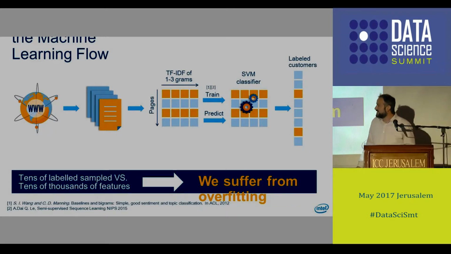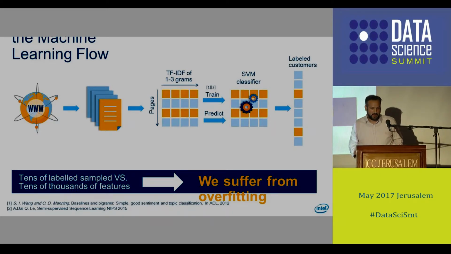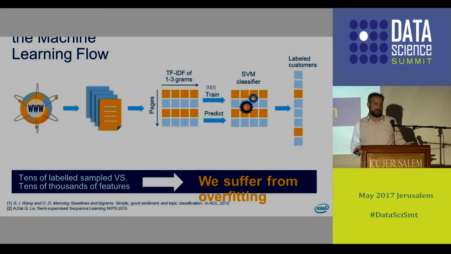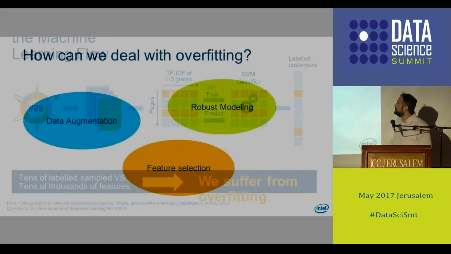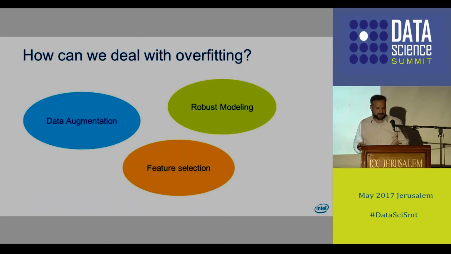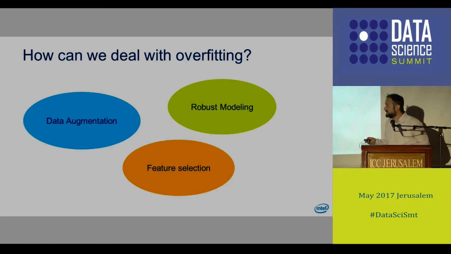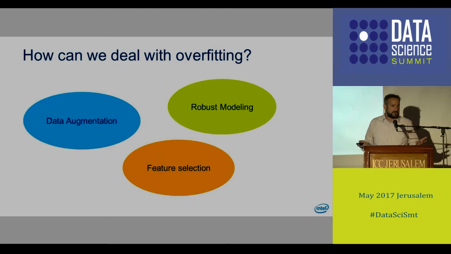So I talked about tens of labels, and I talked about 50,000, 70,000 features. Of course, we're suffering from overfitting. So the question is, how do we deal with this overfitting? Can we still do anything? There are a few ways to deal with overfitting. The first, you can consider gathering more labeled data.